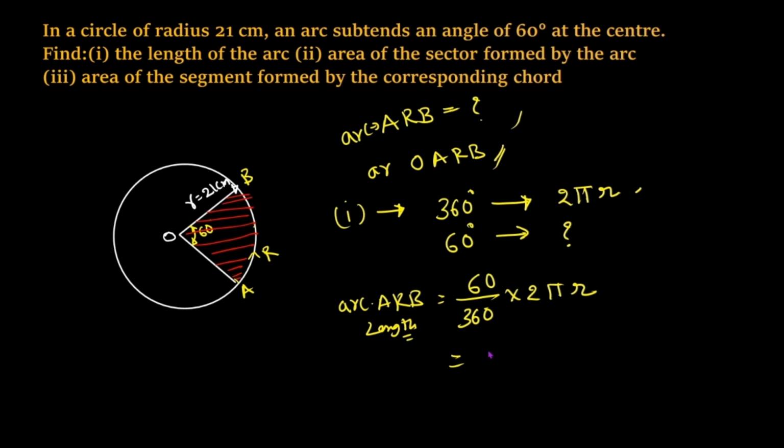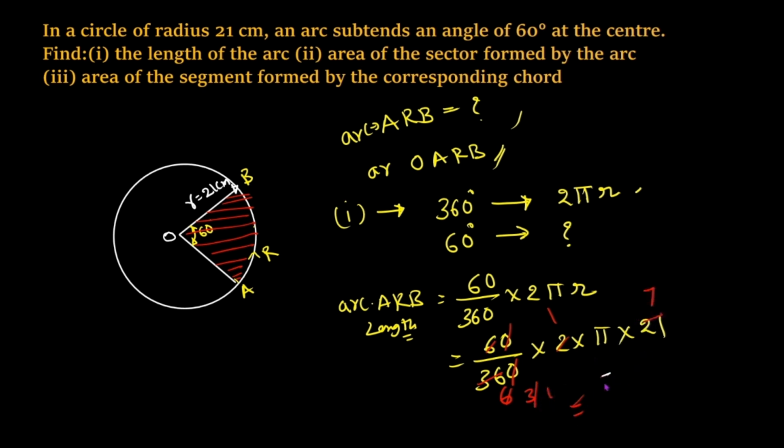If you substitute, 60 by 360 into 2 into pi into r, where r is 21 centimeters. The zeros get cancelled, and we get 6 and 6. Two 1s here and two 3s here, so 3 and 7 also here.